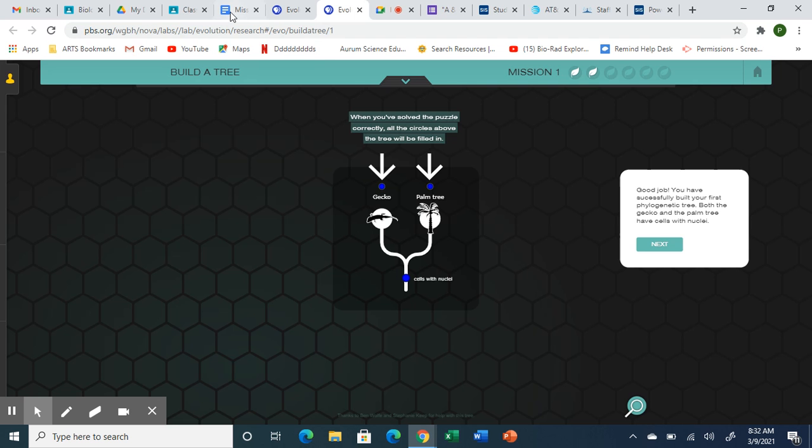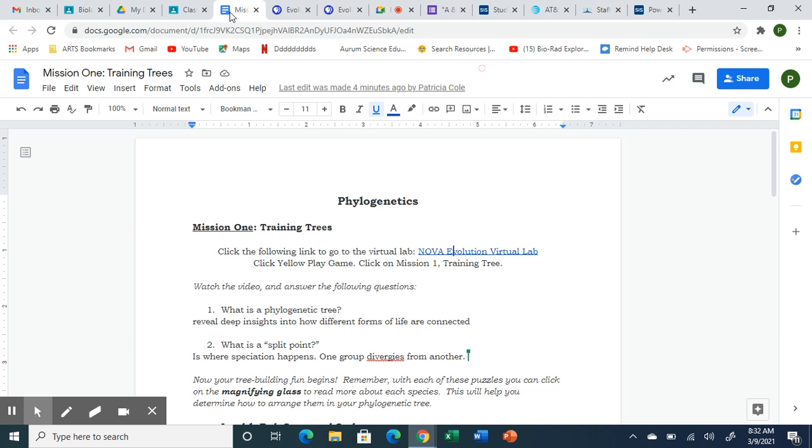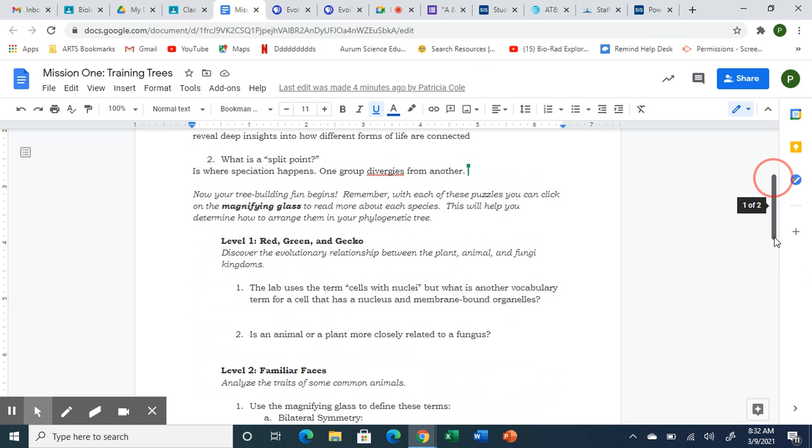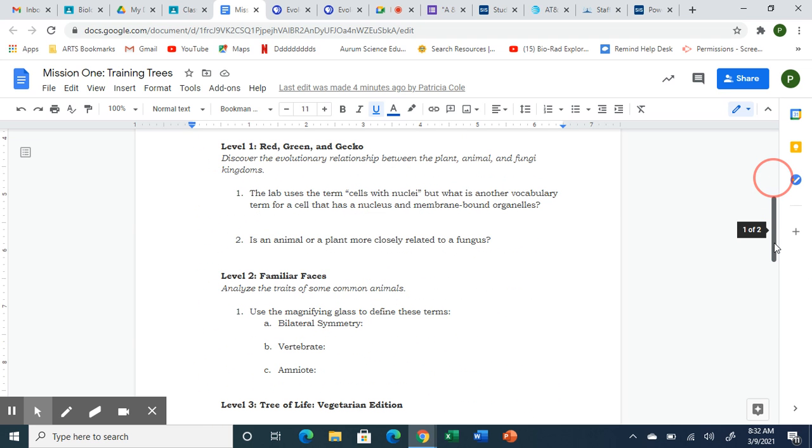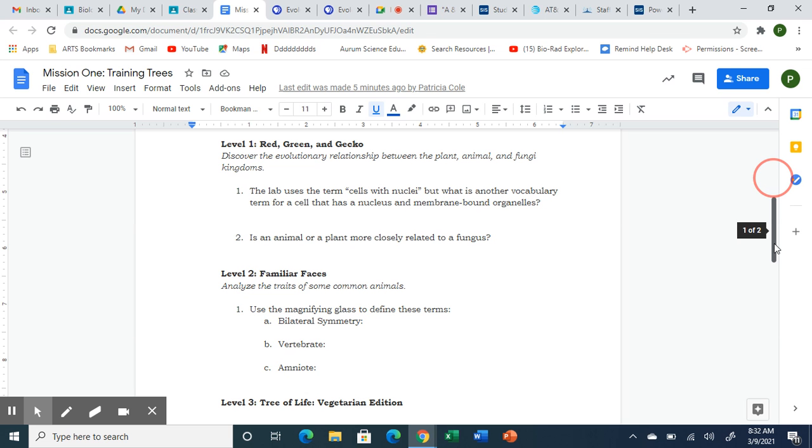All right, so let's go back to our questionnaire. So it says, this lab uses the term cells with nuclei, but what is another vocabulary term for a cell that has nuclei and membrane-bound organelles?